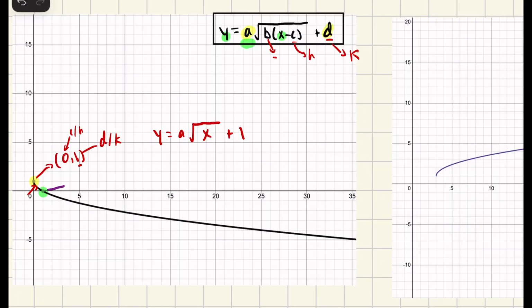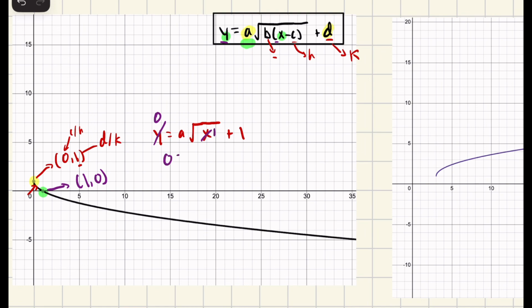Now for the second point in green here, the coordinates are at 1 and 0. And so we're going to plug the second coordinate into the y and x here. So that'll be, instead of writing y, we're going to write 0, and then instead of writing x, it's going to be 1.